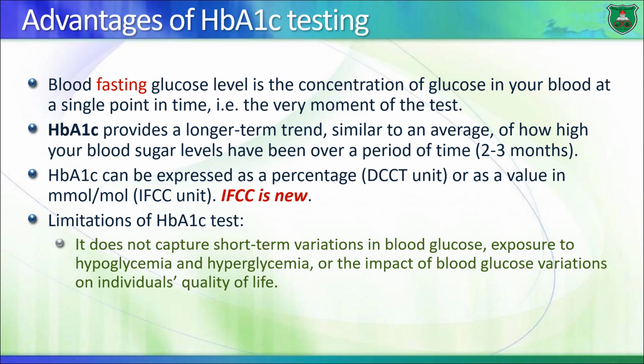But by doing the glycosylated hemoglobin test, it gives us a better picture about the control of sugar that this person has. So it gives us an idea of what has been happening over the past 2 to 3 months.